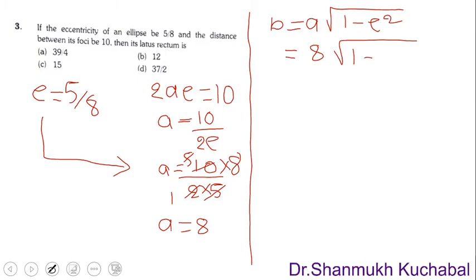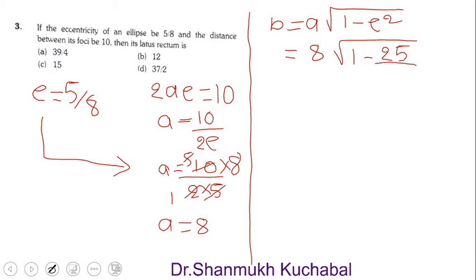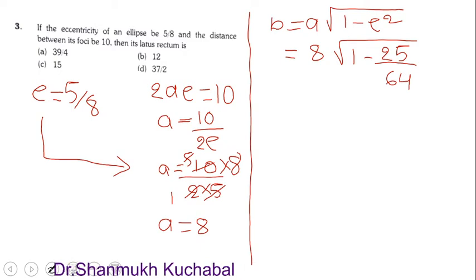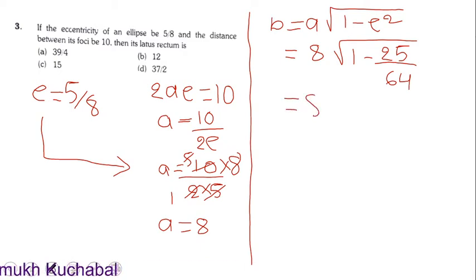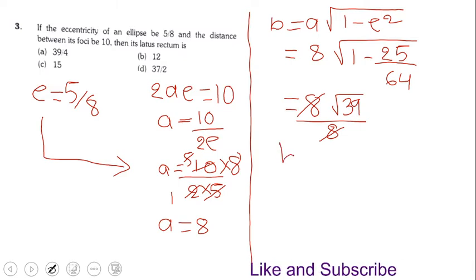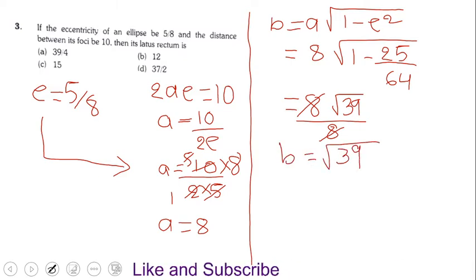E square is 25 divided by 8 square, and 8 square is 64. Simplifying this, we get 8 times root of 64 minus 25, which is root of 39. Root of 64 is 8, the 8 cancels, so B equals root of 39.